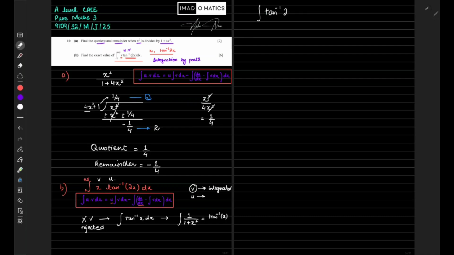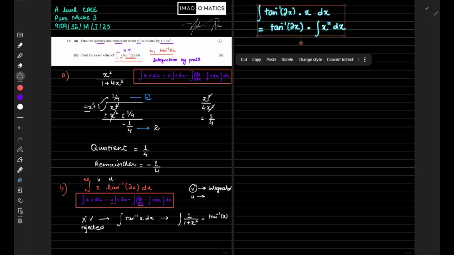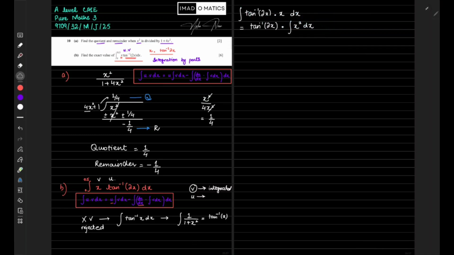Integral of tan inverse of 2x dot x dx will be equal to integral of u as it is, tan inverse of 2x as it is, times integral of x, we have just x, minus integral of the derivative of u. What is the derivative of tan inverse of 2x?